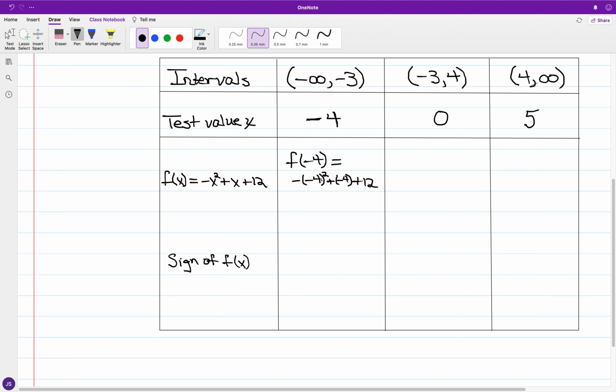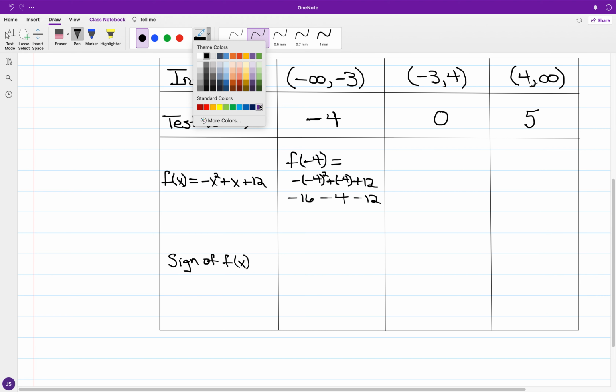The square of -4 is 16, but we're still taking the opposite sign of this. So you have -16, and we have -4, which will be -20, and we have plus 12. So you have -20 plus 12, and you're going to have -8.